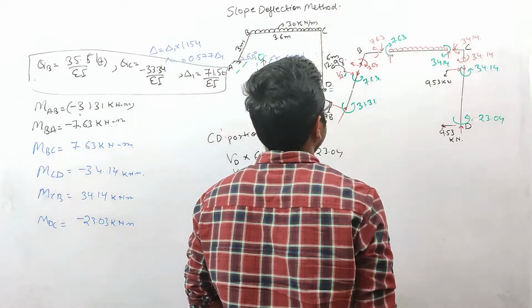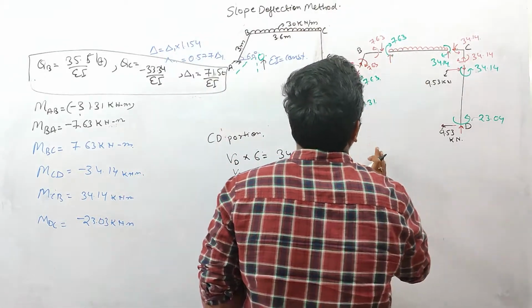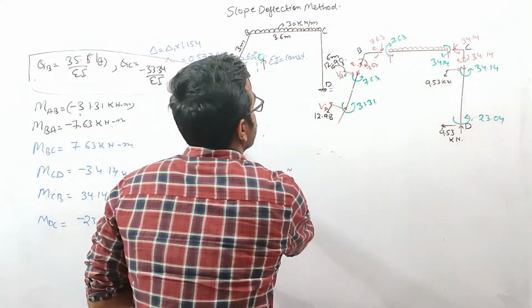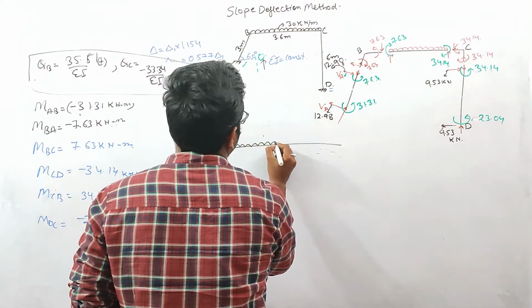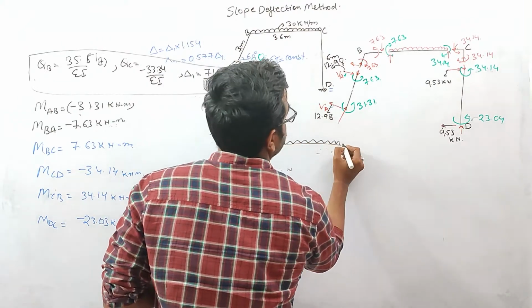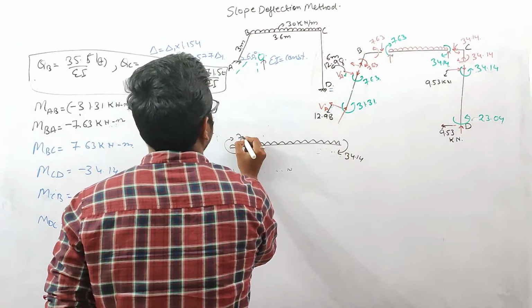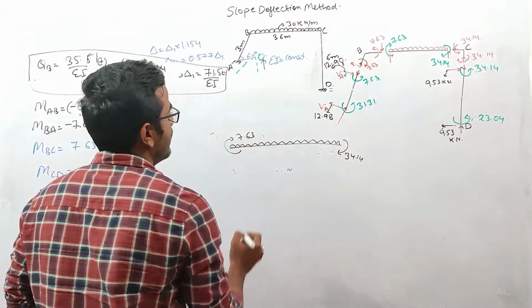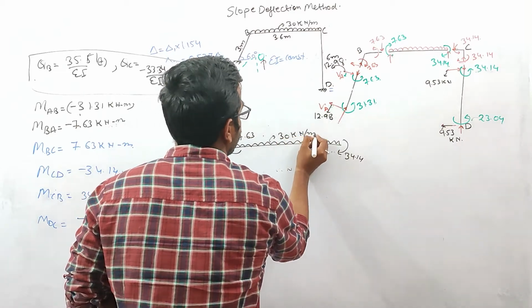Now we need to find the shear force for this member BC. Considering this BC portion, it looks like this. There is one moment of 34.14, one moment of 7.63, and this is a UDL. The intensity of the UDL is 30 kilonewton per meter.